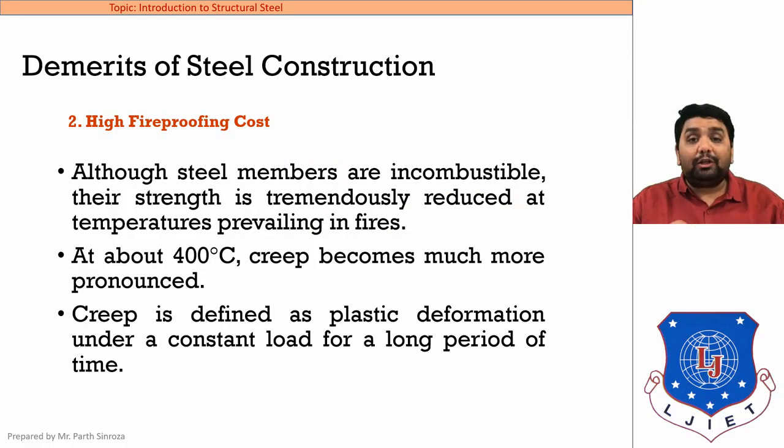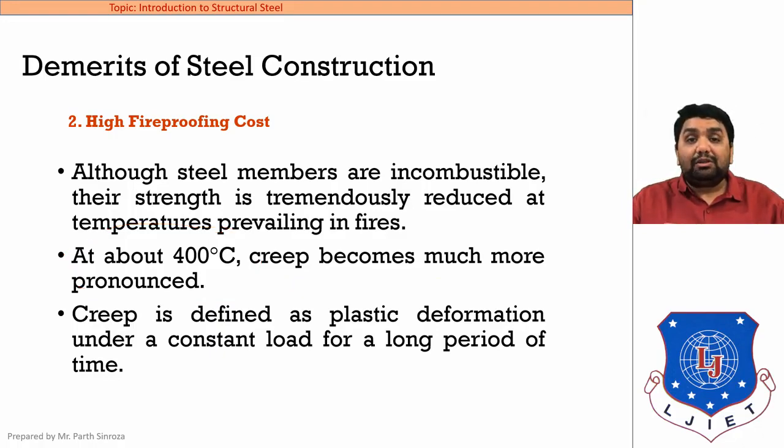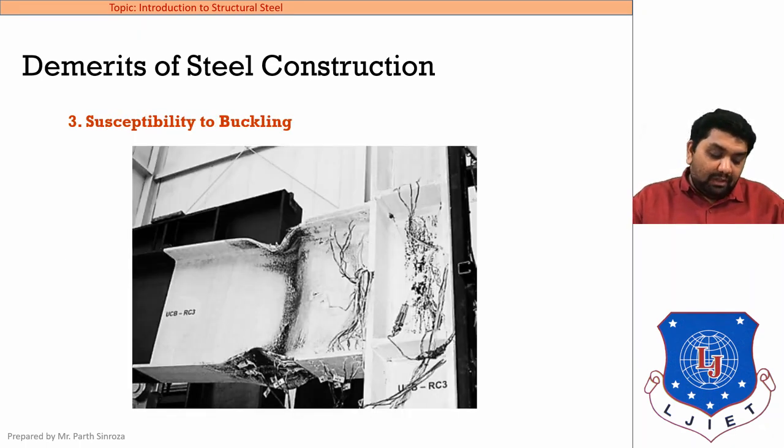The second is high fireproofing cost. Fireproofing is a must, because steel melts at high temperature, about 400 degrees, creep becomes much more pronounced in steel structures, and for that you need fireproofing materials or agents to be kept alongside steel construction, which increases the initial cost.